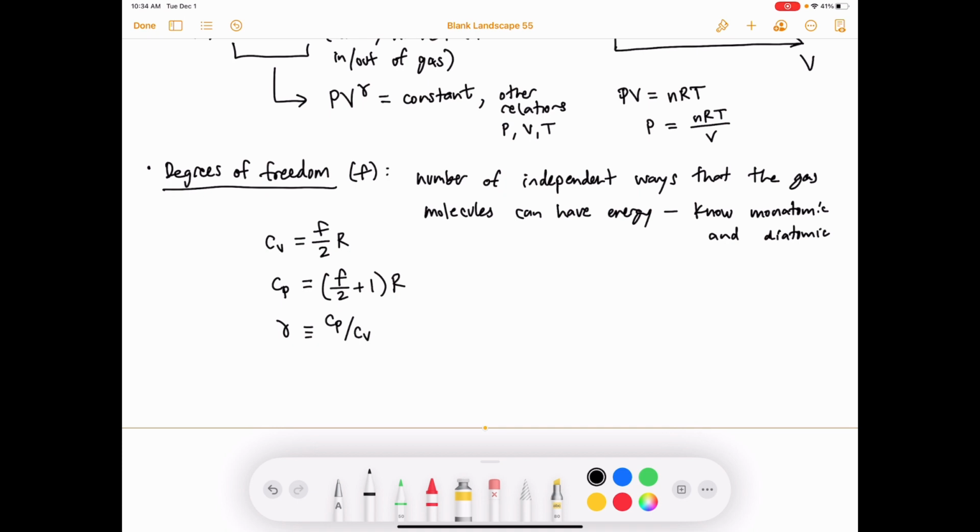It's the ratio of those specific heats. But if you plug those in, you can find that gamma just depends on f. It's just 1 plus 2 over f. Okay, so that's what the gamma up here is referring to.